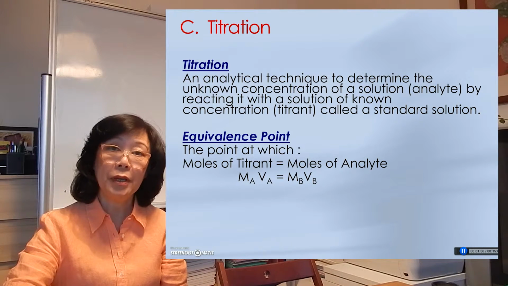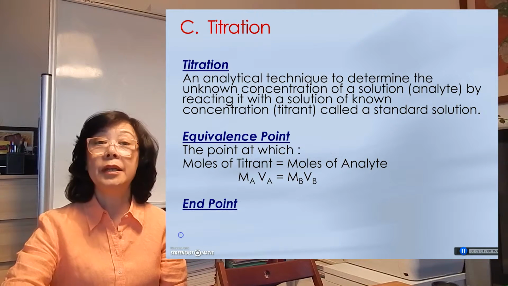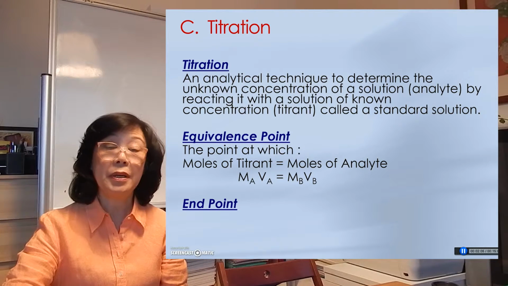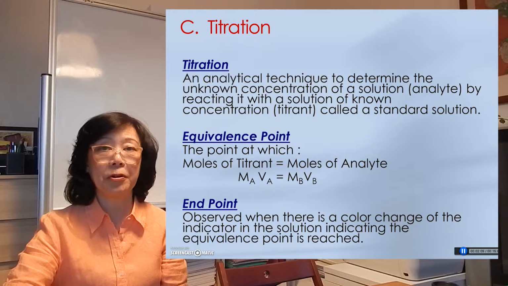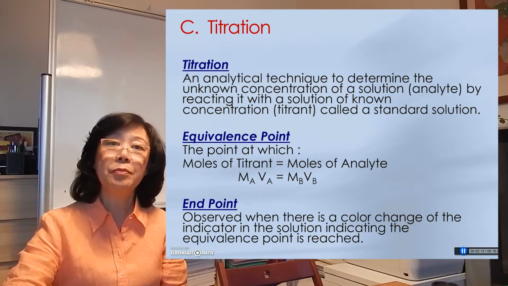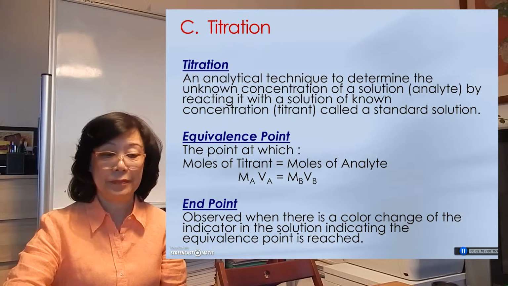Therefore, you would have MAVA is equal to MBVB. The endpoint is somewhat different from the equivalence point. It is indicated by a sudden color change because of the change in the color of the indicator, but it should be very close to the equivalence point. In other words, endpoint is observed while equivalence point is calculated.